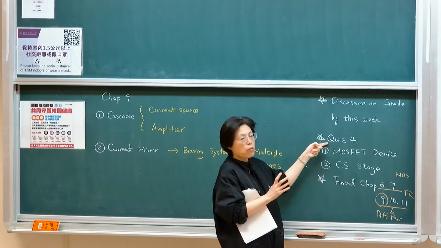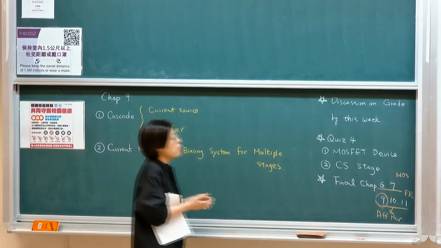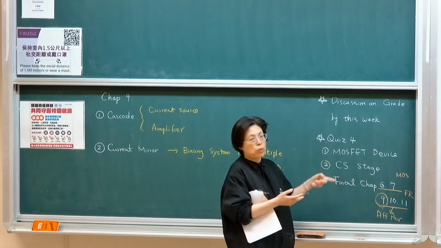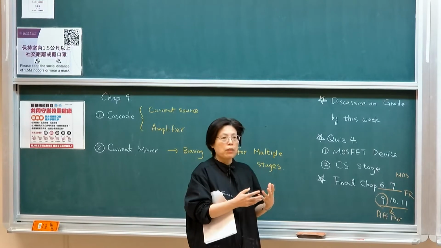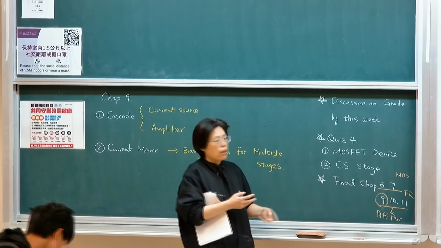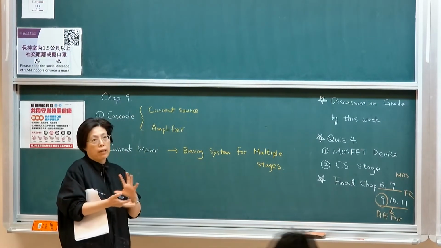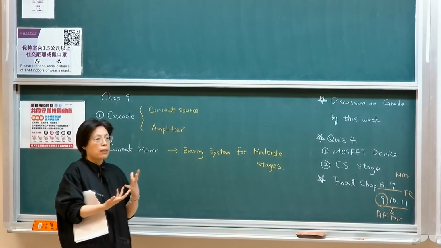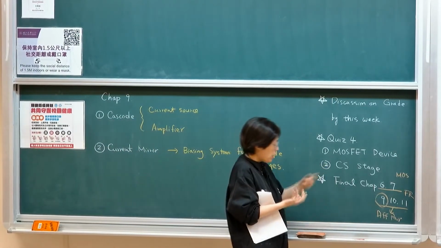Quiz number 4 will be held this Thursday, and it will cover mostly MOSFET devices, mostly device physics, some single choice questions, and then calculation questions based on a common source stage. You need to know how to analyze, for example, the DC bias analysis and some small signal analysis, basically.